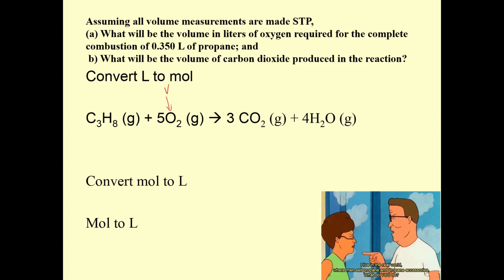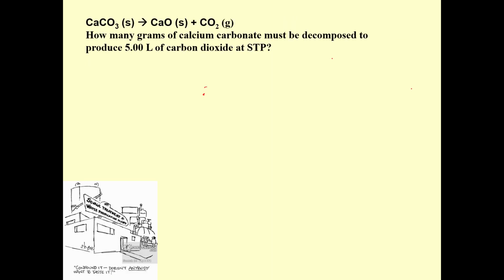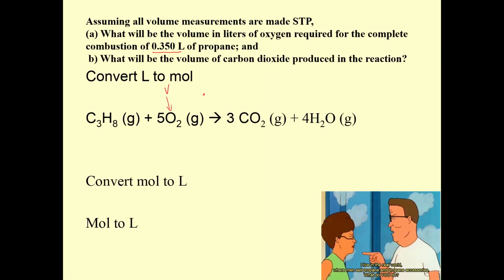Okay. Now it tells me I have 0.350 liters of propane, which is C3H8, times a dividing bar. And then remember we learned that there's 22.4 liters of stuff in 1 mole of stuff.